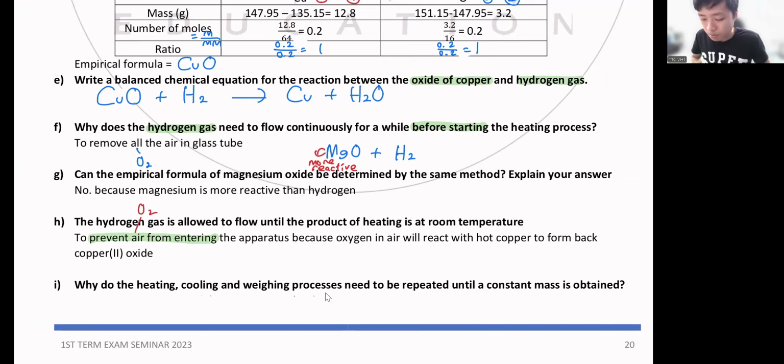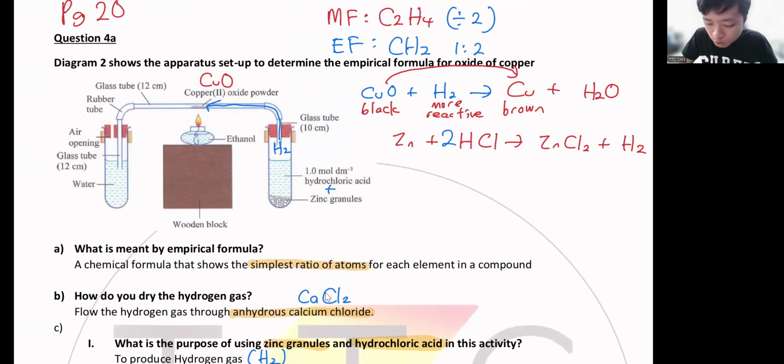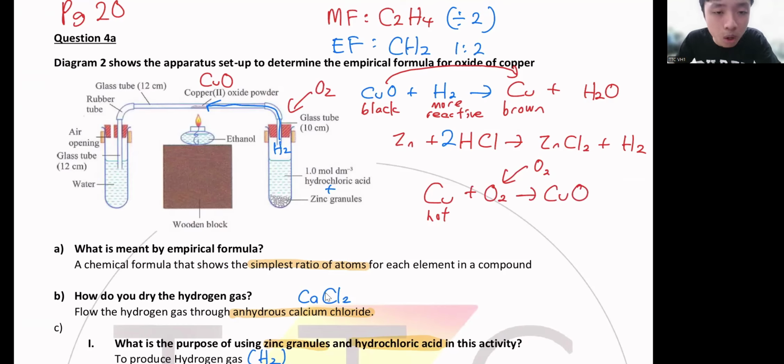Do you know what happens if you let oxygen enter after the experiment, even when you have closed the fire? The final product you get is copper, but the copper is still hot. So when some of the oxygen enters, the hot copper easily reacts with oxygen to form copper(II) oxide.